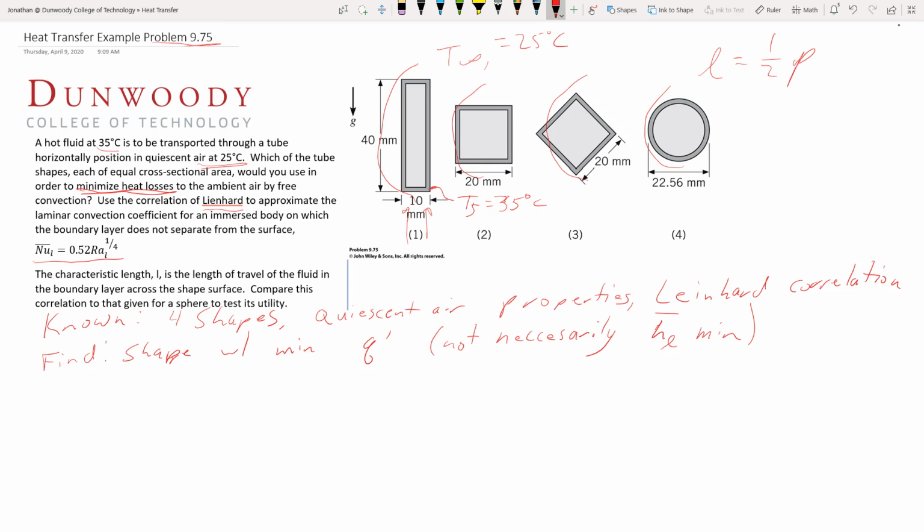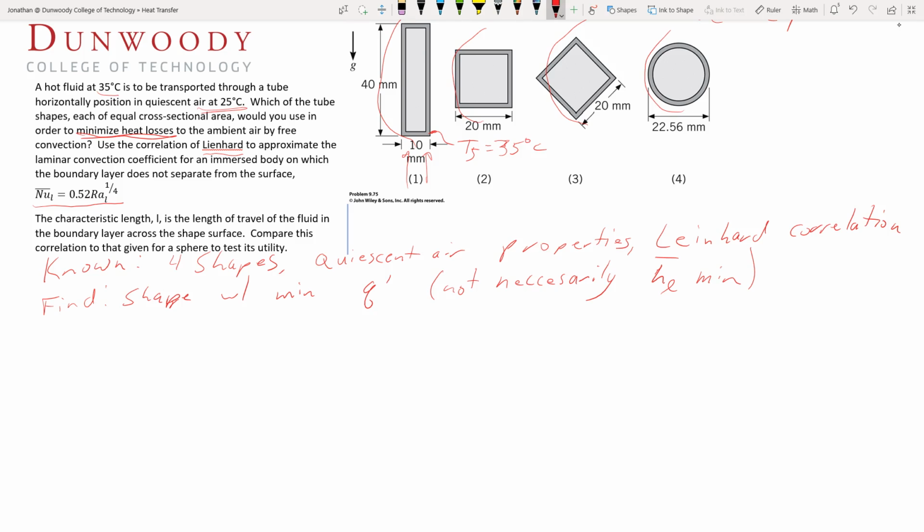Alright, what assumptions are we going to make? Well, we're going to assume steady state. We're told nothing about time, so it's probably a good assumption. Two, we're going to assume ambient air is quiescent.